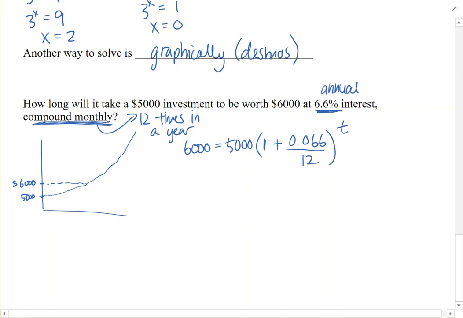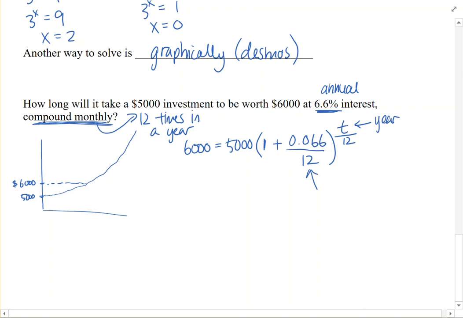If we say t represents a year, then it's going to happen once every month, so you'll need to divide that time into 12 separate pieces to represent monthly. So in this case, t represents years.